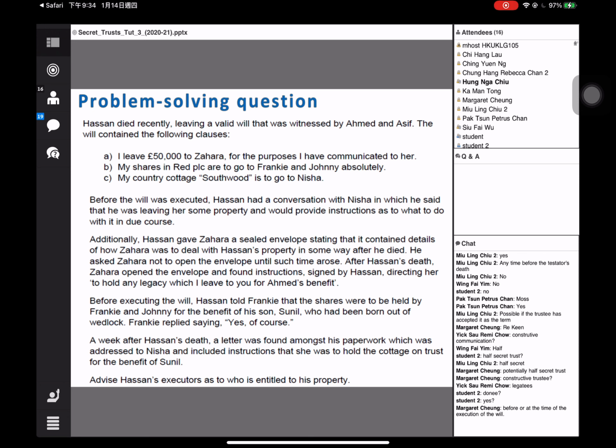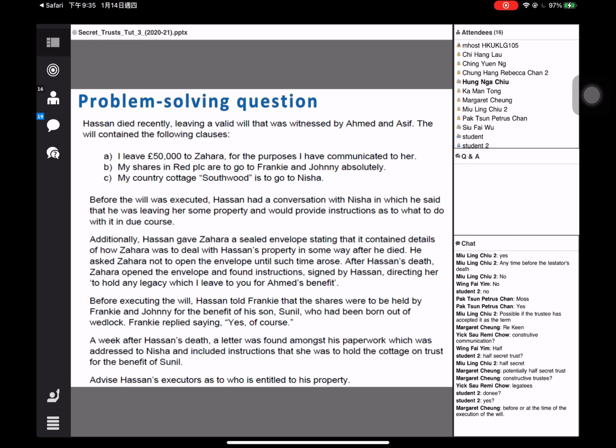Now, on the facts, the actual communication of the terms does not take place until after Hassan has died, because Zara opens the letter after Hassan has died, after his death.